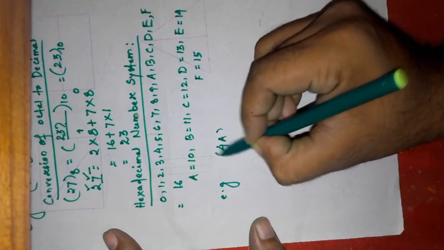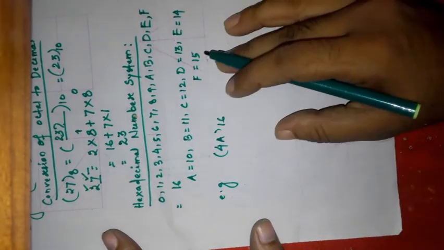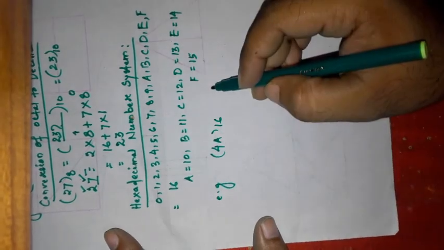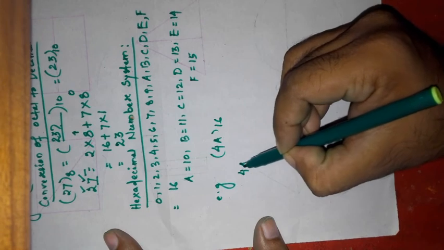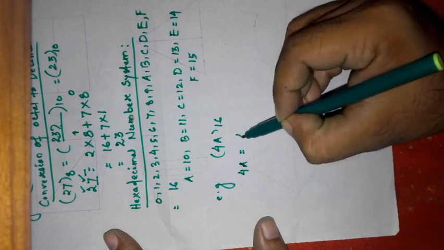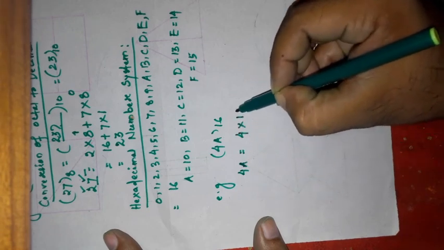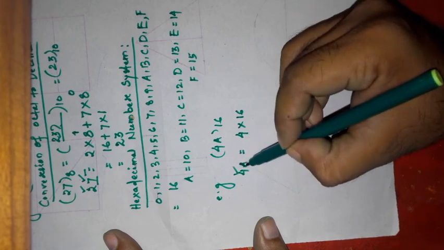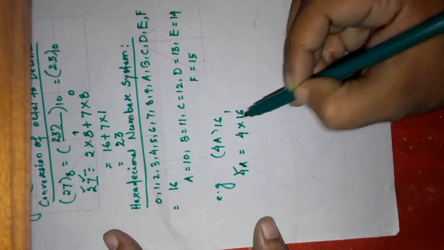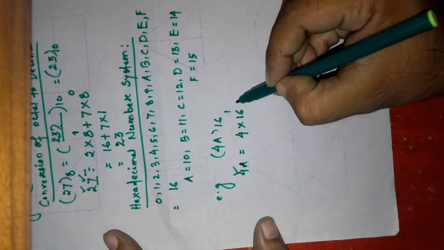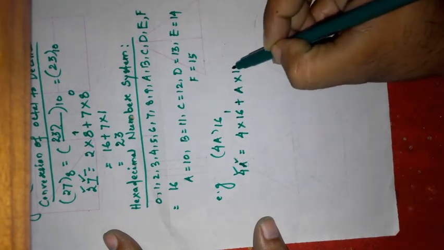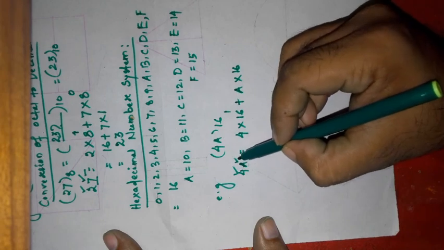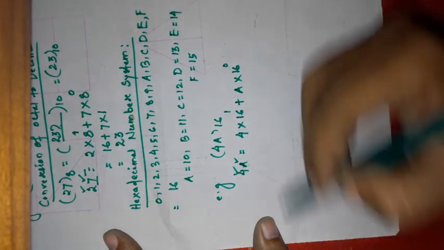4A base 16. So how to convert hexadecimal to decimal? So you have to write 4A is equal to 4 into 16 to the power, how many numbers are left? One number, so that is 1, plus A into 16 to the power, how many numbers are left? There are no numbers, so we have to write 0.